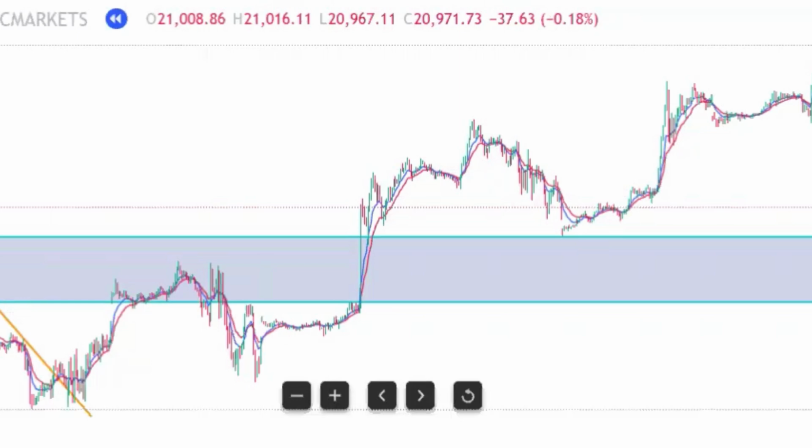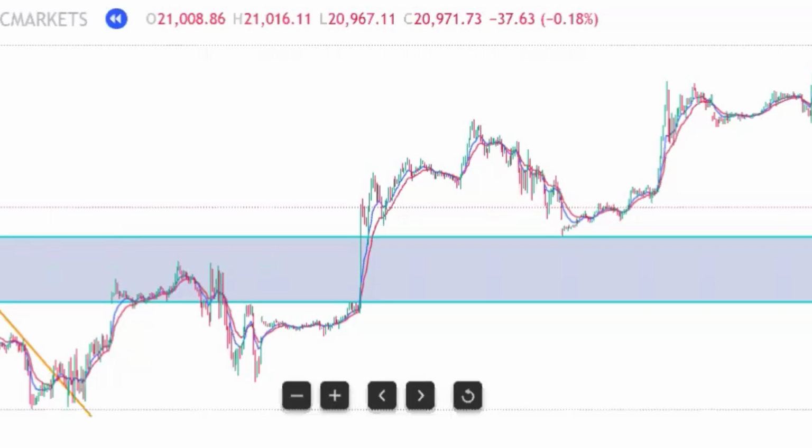If we're above the moving averages, that means we are bullish. So pay keen attention to when the candlesticks are sitting above the moving average. That means price is going up and we're looking for buys at that time. All right. So we've got these moving averages on as an added confluence.